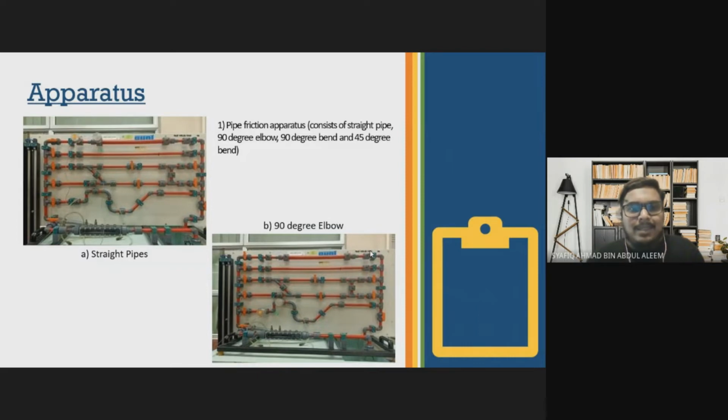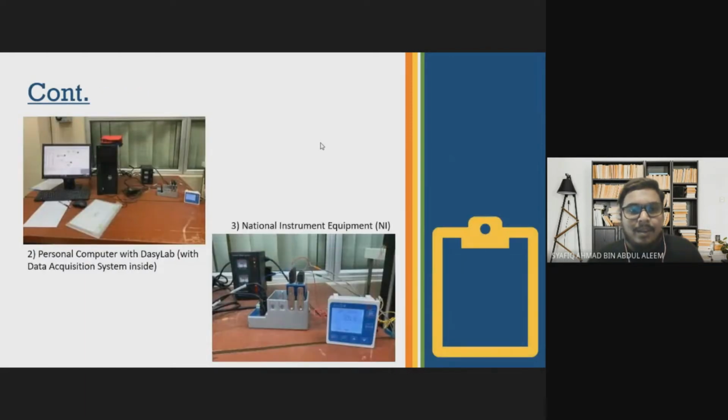So the apparatus as shown in the slide consists of the following components. First is the pipe friction apparatus, which consists of straight pipe, 90-degree elbow, 90-degree bend, and 45-degree bend.